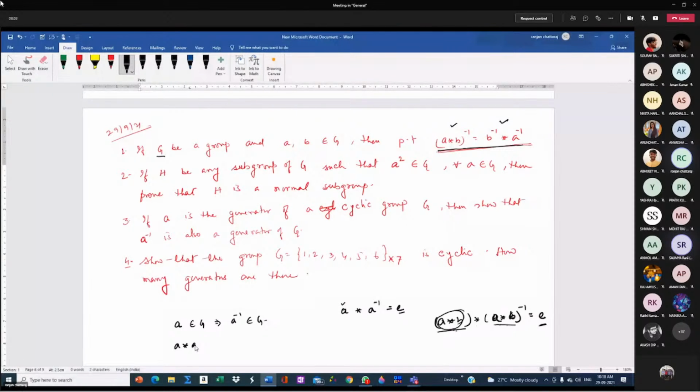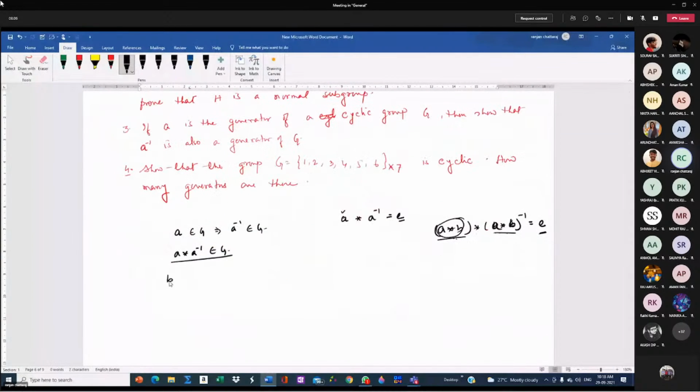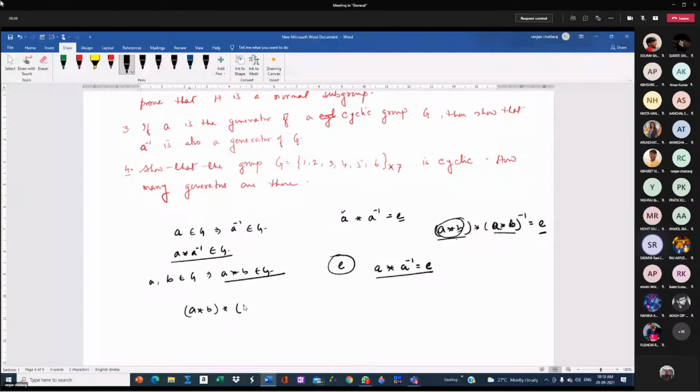Now, A, B belong to G; this implies A asterisk B belongs to G. If E is the identity of a group and A belongs to G, then A asterisk A inverse is equal to E. Now A asterisk B is an element of G, and if this belongs to G, then its inverse also belongs to G. Got it.